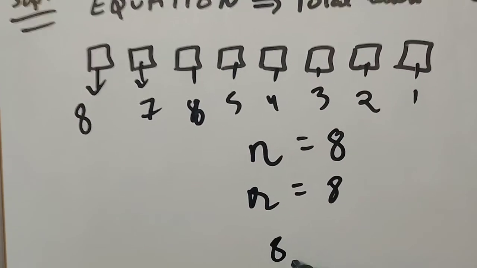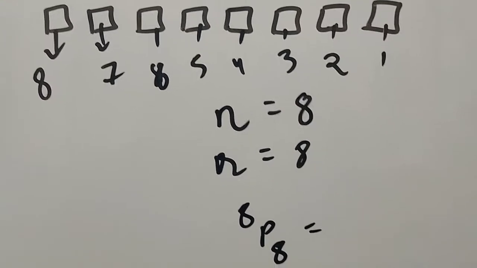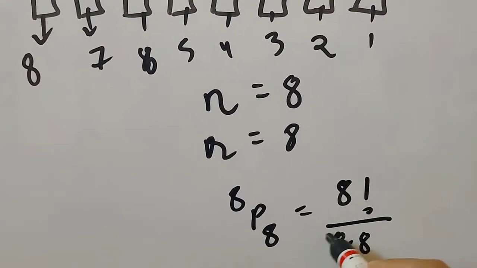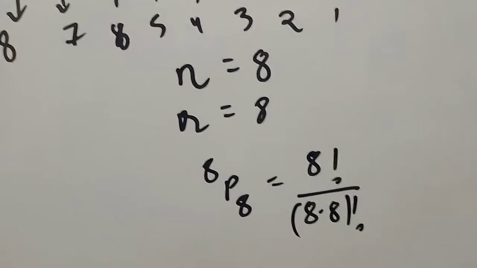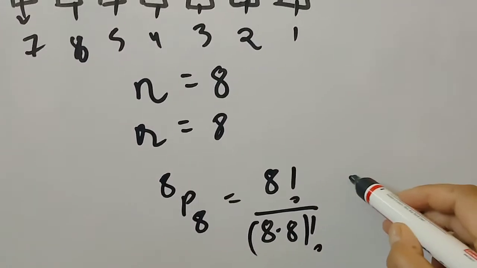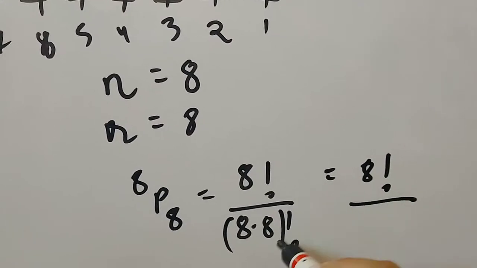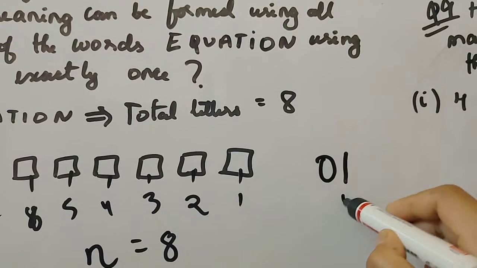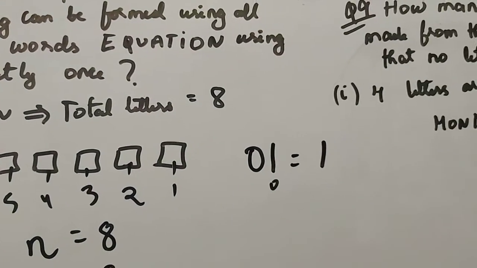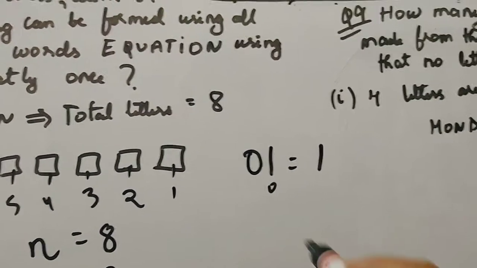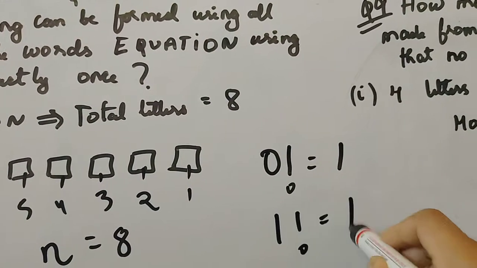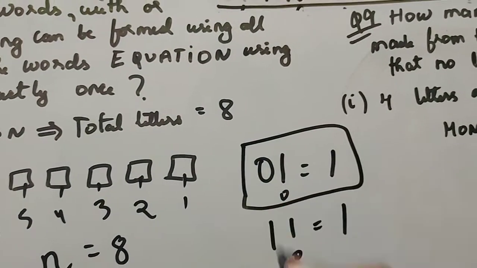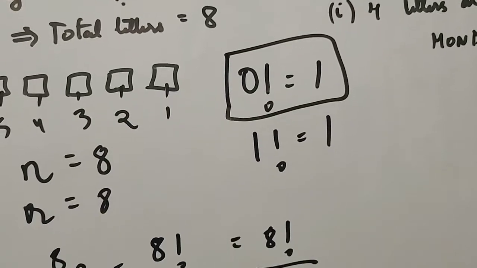So 8P8 is 8 factorial by (8 minus 8) factorial. Now 8 factorial divided by 8 minus 8, which is 0 factorial. Always remember, 0 factorial is always 1, and 1 factorial is 1. Remember this one is very important: 0 factorial is equal to 1.